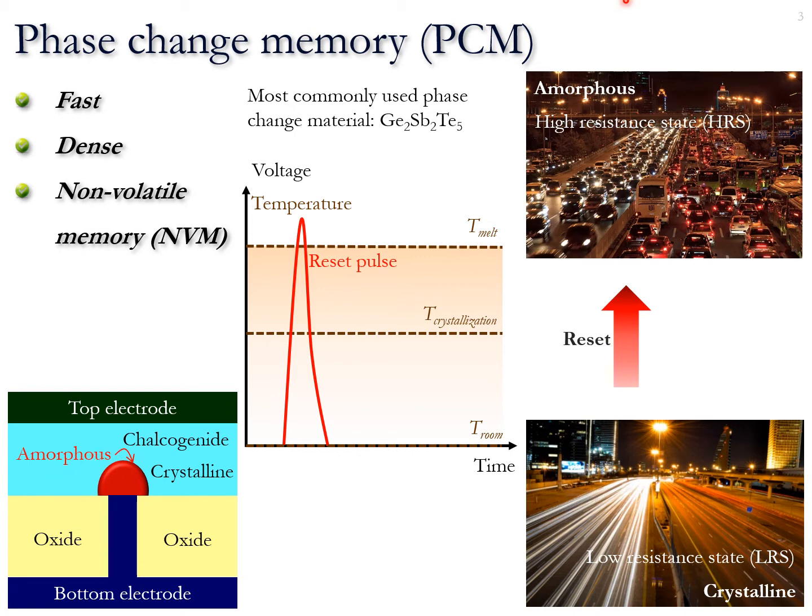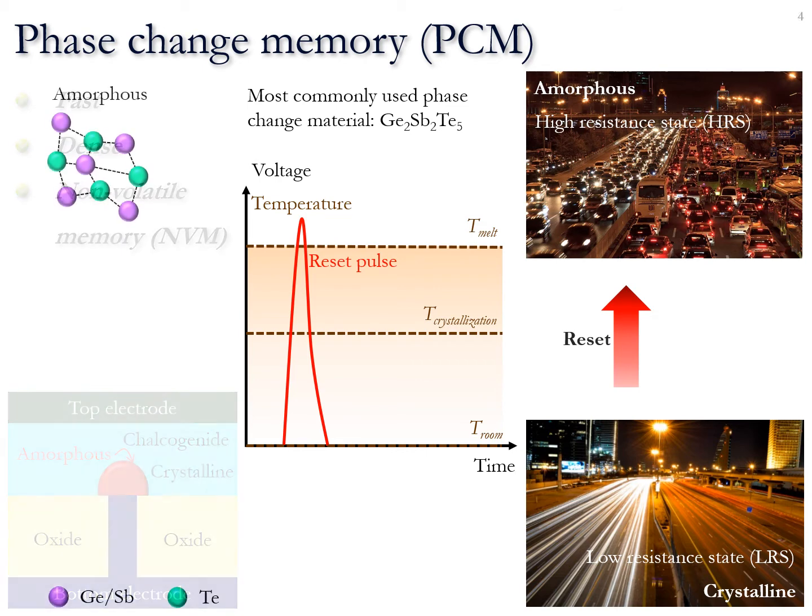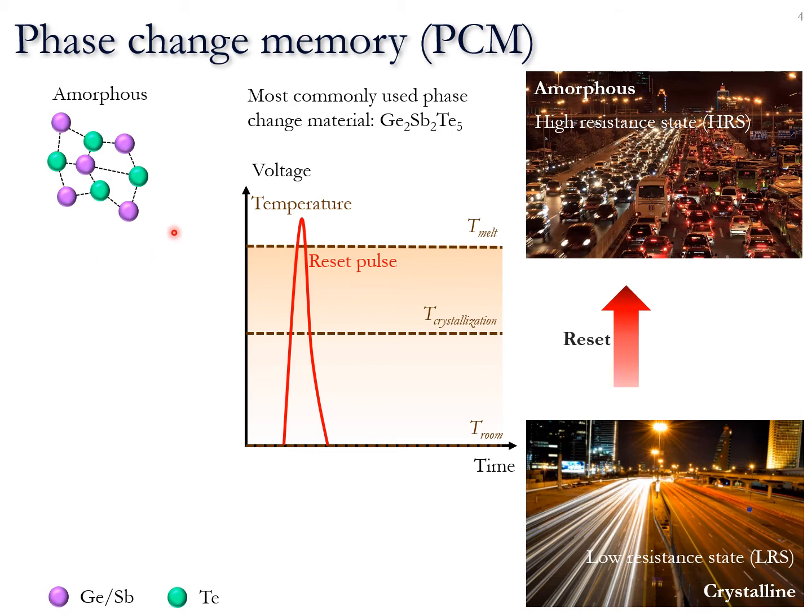And because of the disorder of that state, we have the HRS in this material. Here we can see the schematic representation of the disordered amorphous state. Here the different colored circles represent the different atoms included in the germanium antimony telluride material.